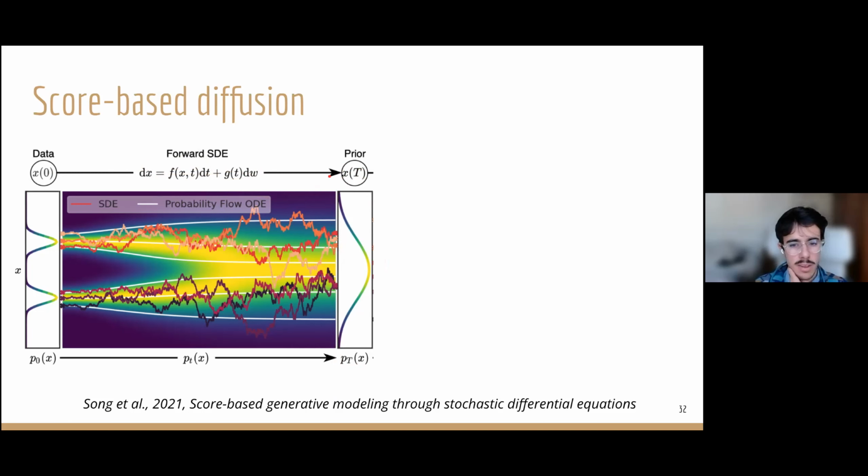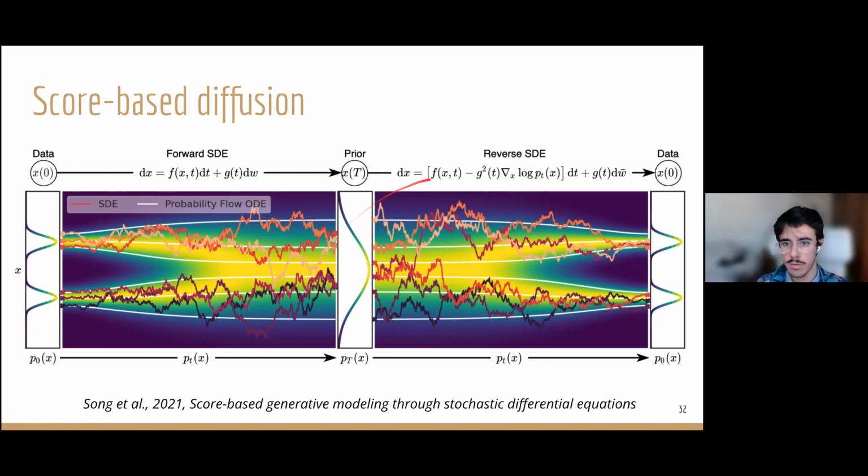If we start from that invariant measure, which is simple to sample from, it would be nice to reverse the process to get data points from the data distribution. What's nice is there's a result showing that there exists a reverse SDE that is also a diffusion process.